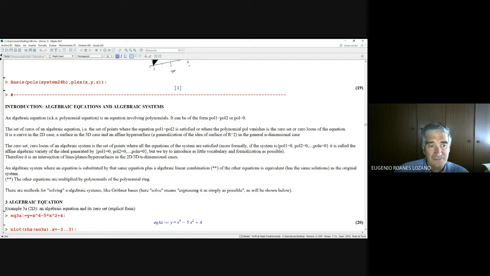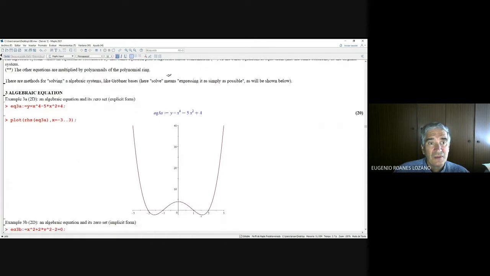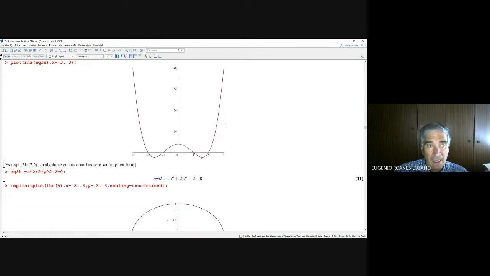Well, then an algebraic equation is something like this: y equals x to the fourth power minus 5 times x squared plus 4. And this is the zero locus of the equation. It can also be given in implicit form.